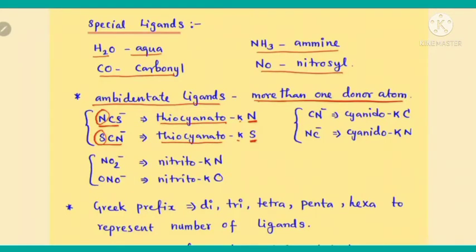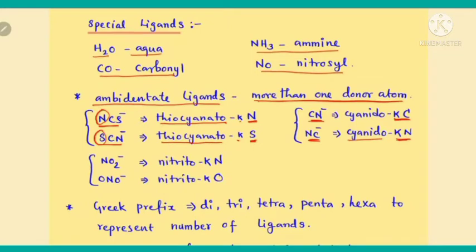So this is the point. In case of ambidentate ligand, while giving the name, we have to mention the donor atom, which is the one directly attached with the central metal atom. Another example, CN minus: cyanido-κC. Here the donor is carbon atom. NC minus is also called cyanido, but donor nitrogen, so κN.